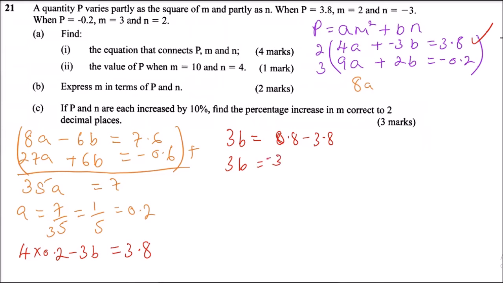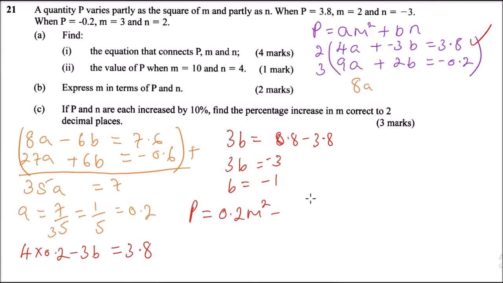You divide both sides by 3, you get b is equal to minus 1, implying that the equation that connects P, m, and n is P is equal to 0.2 m squared minus n. So that is a formula connecting P, m, and n. So the other one, the value of P when m is equal to 10 and n is equal to 4.